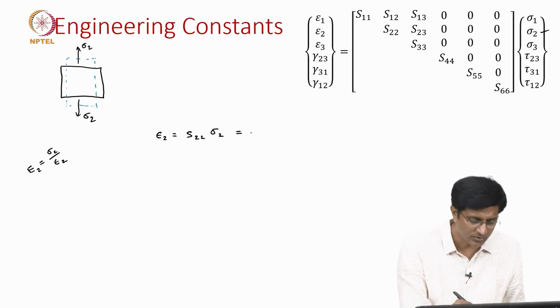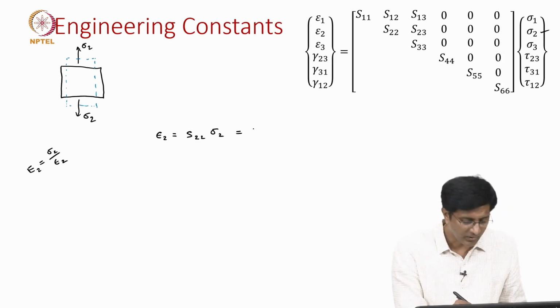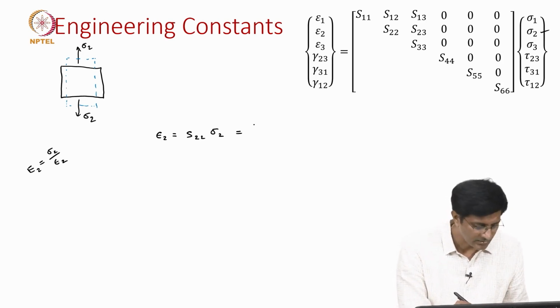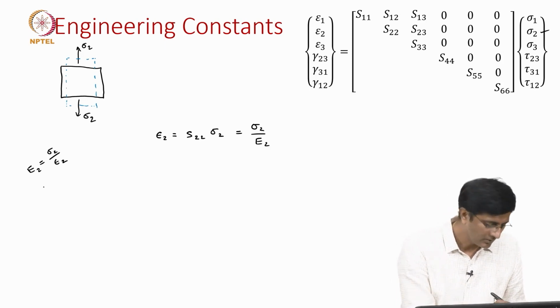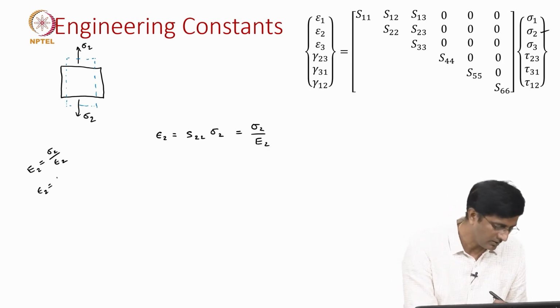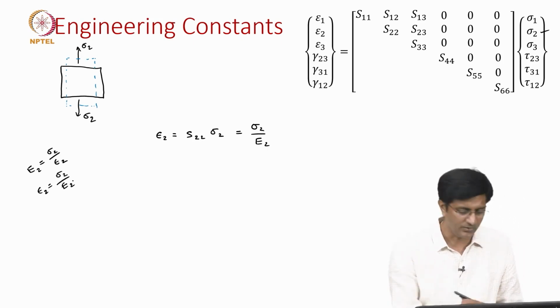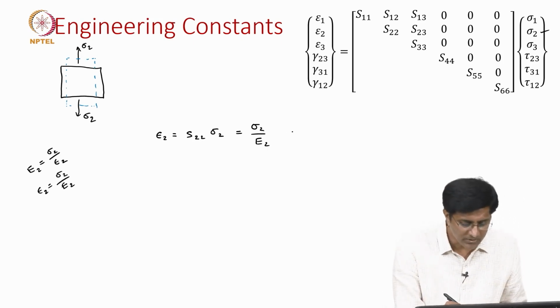From this definition I can write epsilon 2 as sigma 2 by E2. From this relation I should be able to write S22, which is simply 1 by E2.